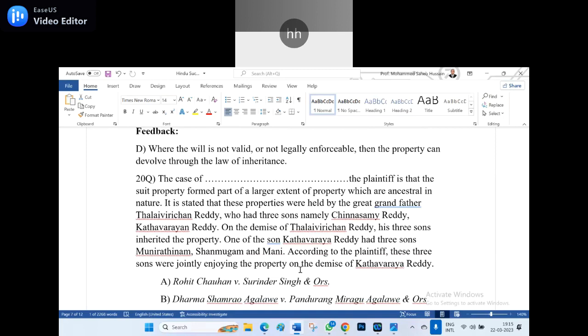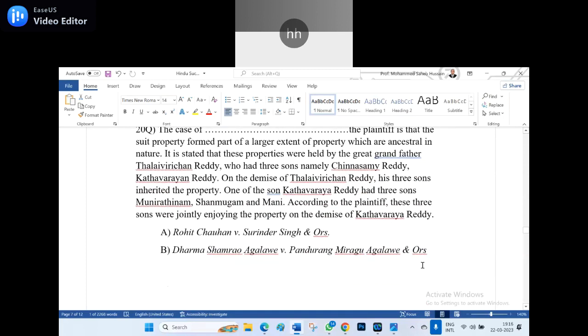One of the sons, Katavaraya Reddy, had three sons: Mani Ratinam, Shanmugam and Mani. According to the plaintiff, these three sons were jointly enjoying the property on the demise of Katavaraya Reddy. Which case law is it decided in?